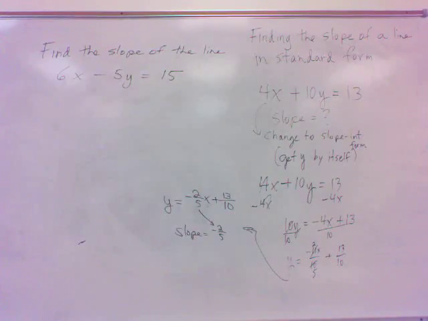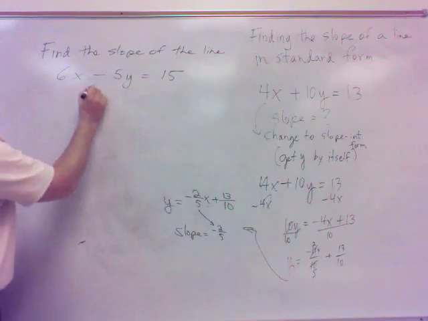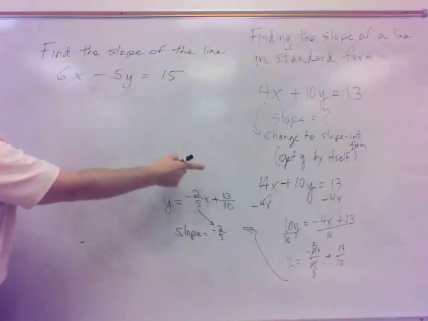Find the slope of the line, 6x minus 5y equals 15. Well, if all I'm interested in is the slope, I can do that by getting the y equals mx plus b form. Change it to y equals mx plus b form, like we did there.